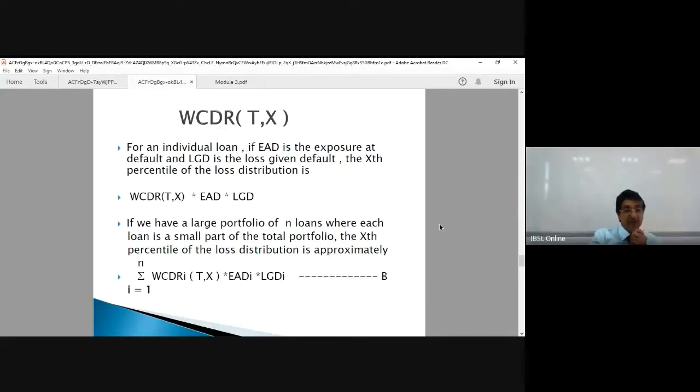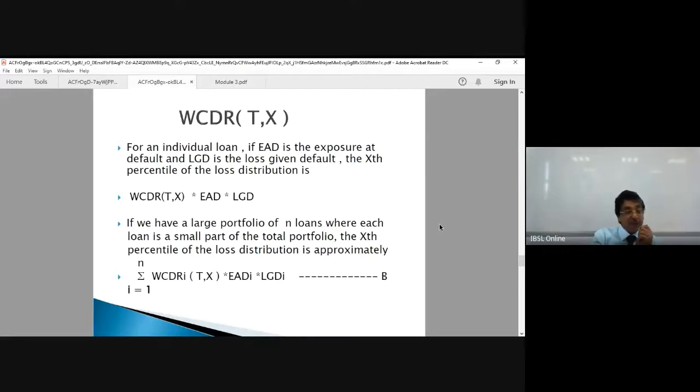This is one condition. The second condition is if you have n loans in the portfolio, n meaning any number, and it can create any number of pairs, for each pair of those loans, the same correlation coefficient is applicable. That is the second condition.